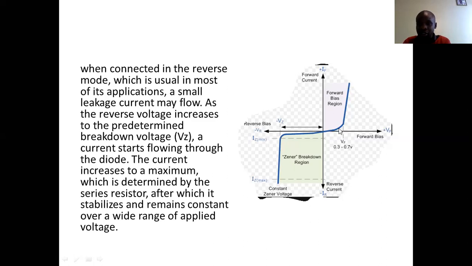This is due to recombination, where electrons cross over and combine with the holes from the P region, so the potential barrier is overcome.